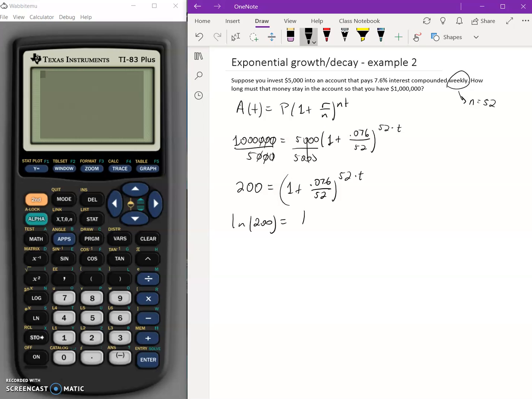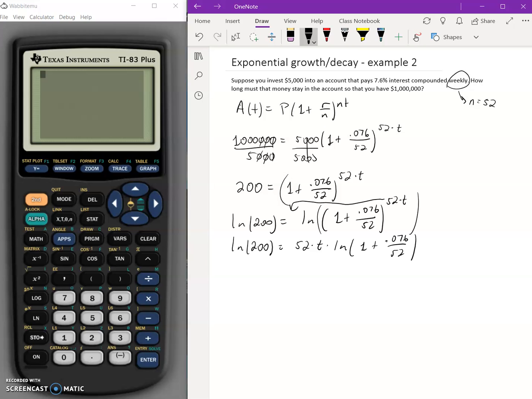So natural log of 200 is equal to natural log of (1 plus 0.076 divided by 52) raised to the 52 times t. Now the whole thing on the inside is raised to an exponent, so I can move that out front. So I have natural log of 200 is equal to 52 times t times natural log of (1 plus 0.076 divided by 52).